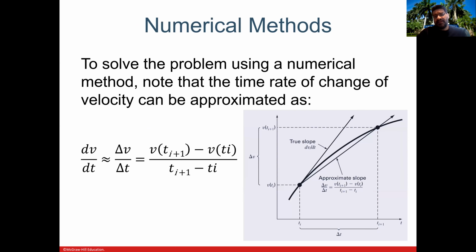This is what we do here. We're going to estimate dv/dt, the derivative of the velocity with respect to time, as almost equal to delta v over delta t. And delta v over delta t is equal to v at time t(i+1) minus v at time t(i), right? So I'm taking a small portion, for example from time 0 seconds or 1 second to time 2 seconds.